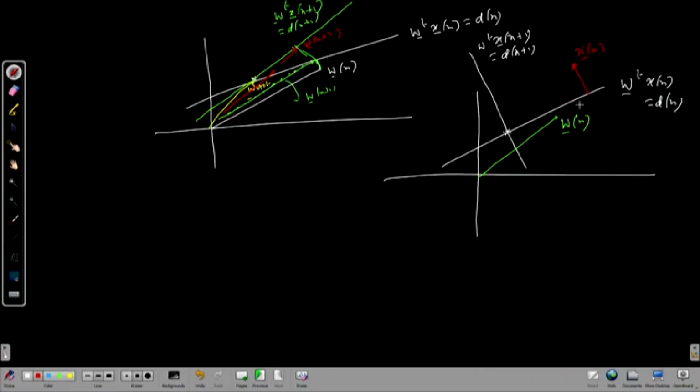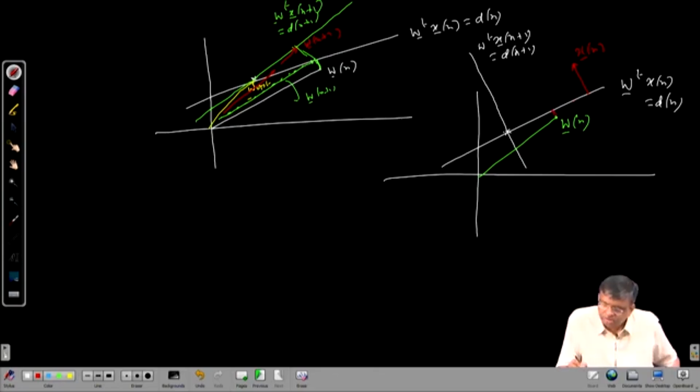Now, let us follow the NLMS style. I project it here. So, this gives me W n plus 1, this point. Next, I project this on this plane, but since these two lines, and in a general set of hyperplanes, are at 90 degrees to each other, this is my perpendicular. So, I directly hit here, absolutely converging in just 2 steps. When does it happen?